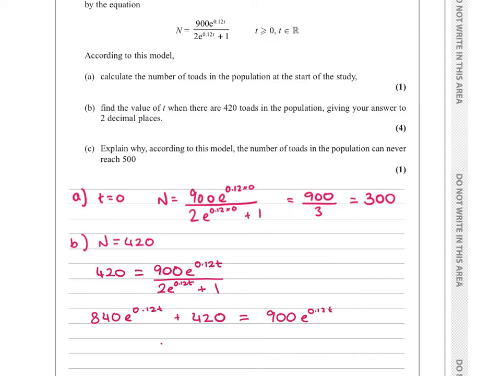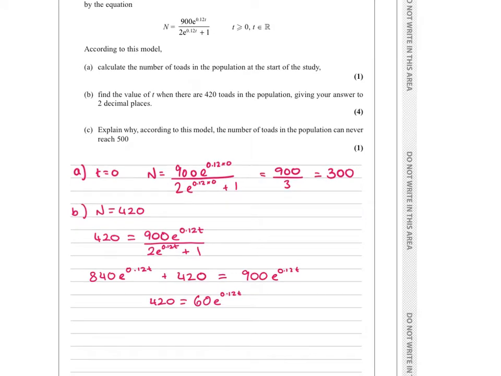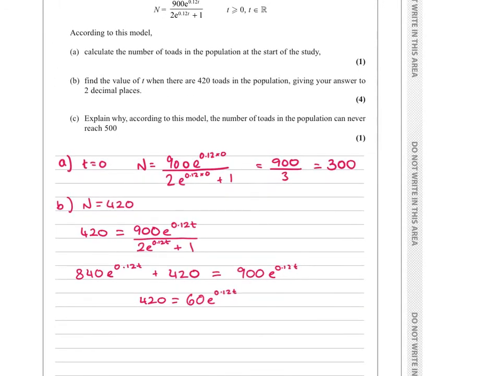Okay, so I'm going to get 420 equals 60e to the 0.1t. Then if I divide both sides by 60, I get 70 equals e to the 0.1t.